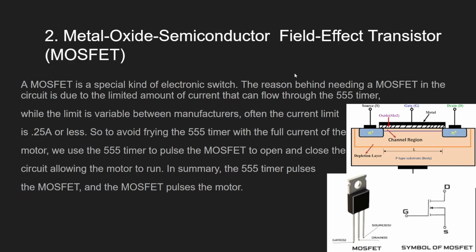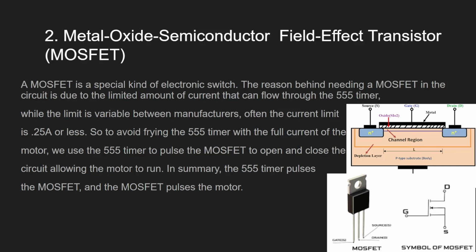Okay. The second thing is a metal oxide semiconductor field effect transistor, which sounds crazy, but it's very easy to understand how they got the name, and I'll explain that after. A MOSFET is a special kind of electronic switch. The reason behind needing a MOSFET in the circuit is the limited amount of current that can flow through the 555 timer.